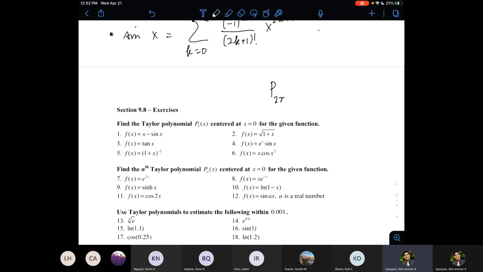They need to find p sub 2n of hyperbolic cosine of, say, 6x from the quiz. I don't know if you have encountered this already. So I was expecting somebody to ask me this, but perhaps you haven't had a chance to take a look at it yet. But okay, we can talk about this on Friday.